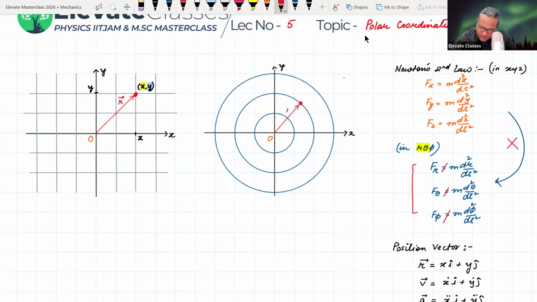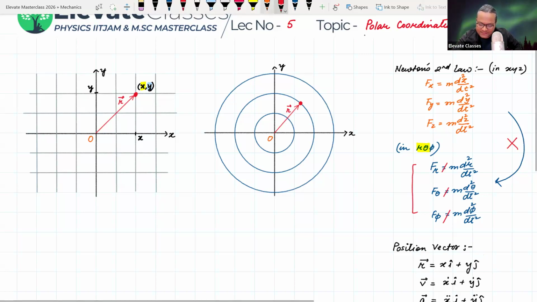Okay, this is the position vector. But now, how do I write the position vector in detail? For that, I will have to define a new sort of an axis. So here in polar coordinates, we have the axis called the radial axis and what is called the transverse or the azimuthal axis, which gives us an idea about the angular displacement.